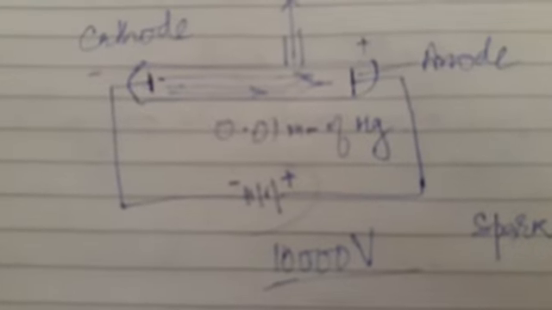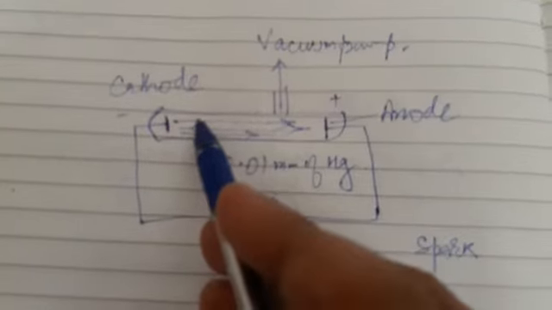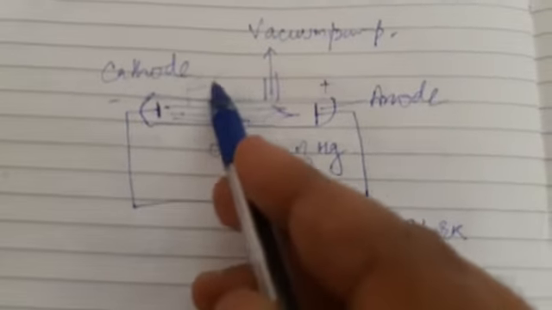Had they been good conductors, only a few hundred or thousand volts would have been enough, but since gases are insulators, we need a high voltage. Since these rays were coming out of the cathode, they were called cathode rays.